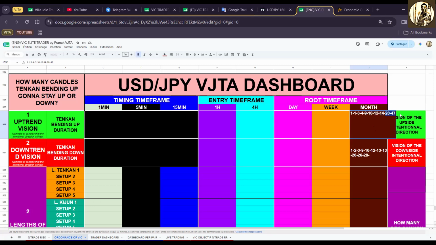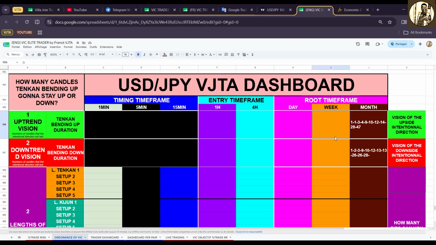Then your best years will be between 28 months and 47 months. It means that if you take a position, 28 months is almost 2 years and a half, right?